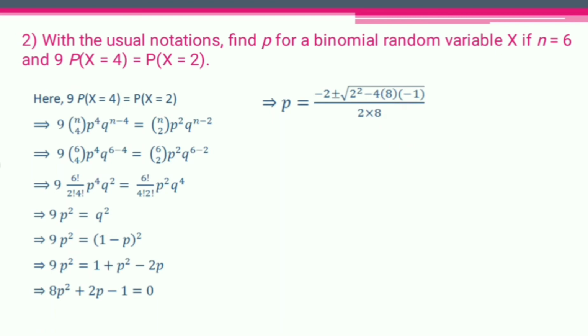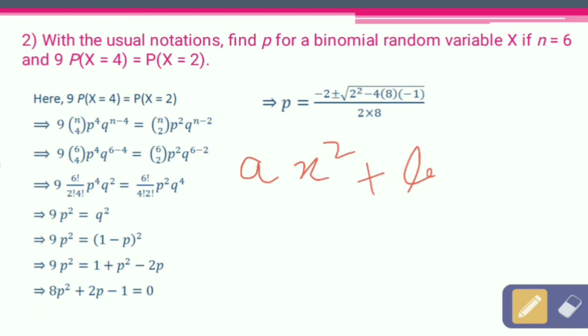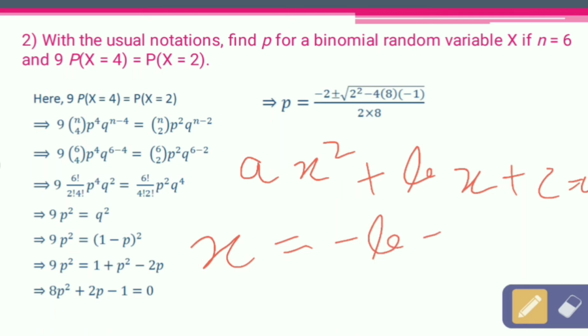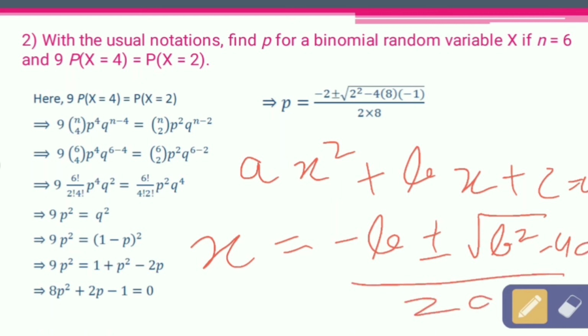Whenever we have a quadratic like ax square plus bx plus c equal to 0, how do we find x? x is equal to minus b plus minus under root b square minus 4ac upon 2a, right?